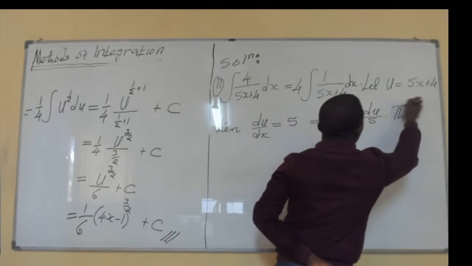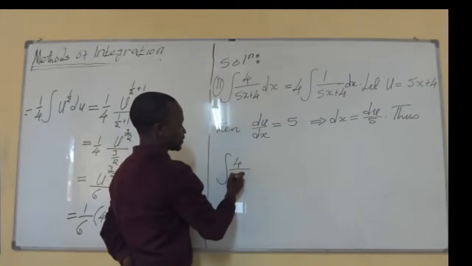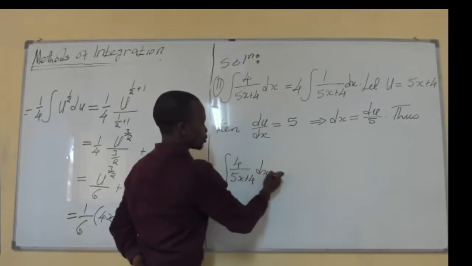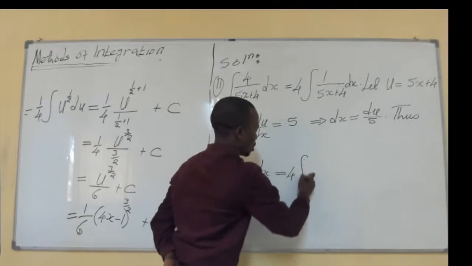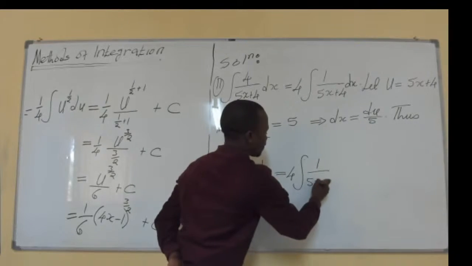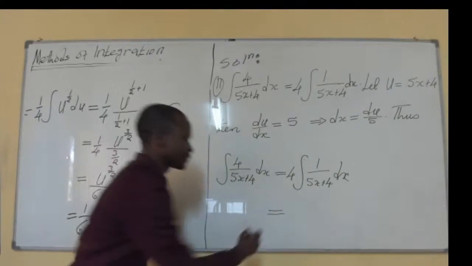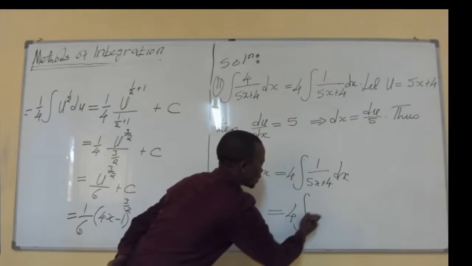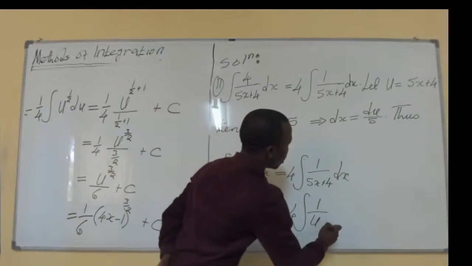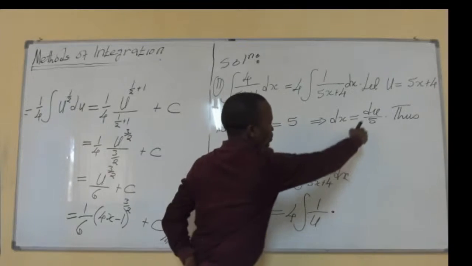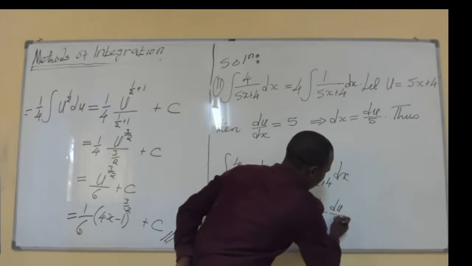Thus, the integral of this function with respect to x is the same as 4 times the integral of 1 over u, where there is dx, we substitute du over 5.